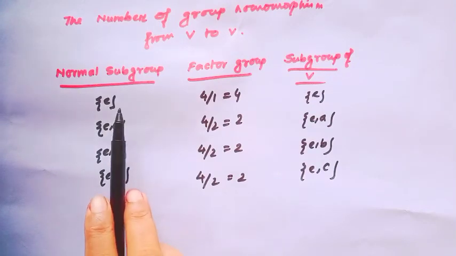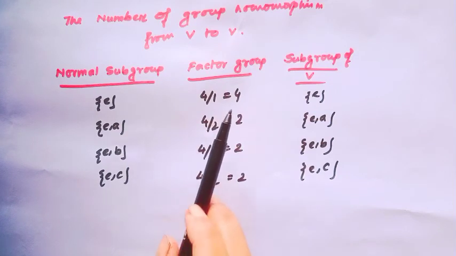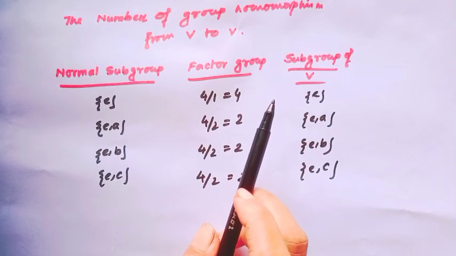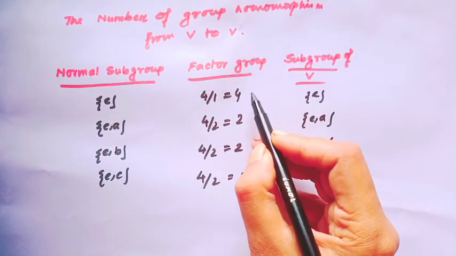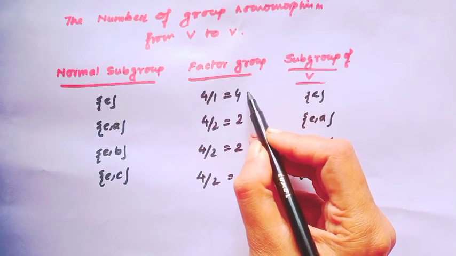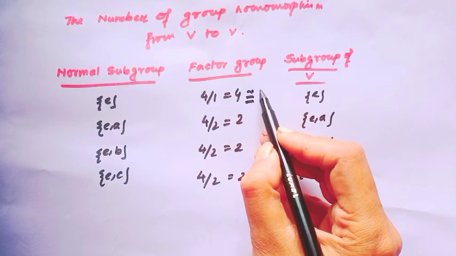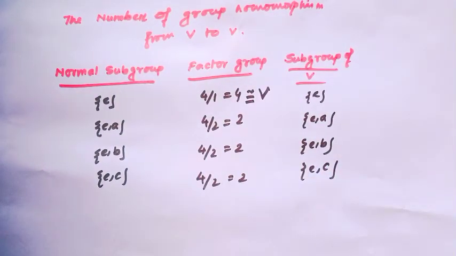When the kernel would be identity, then the factor group would be 4 modulo 1, so the order would be 4, which is isomorphic to actually the whole codomain V. Okay? Now let's see the mapping.